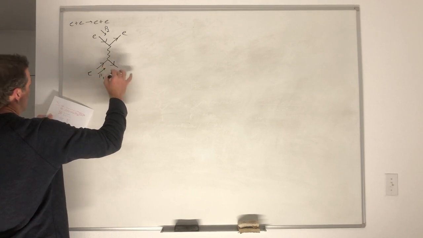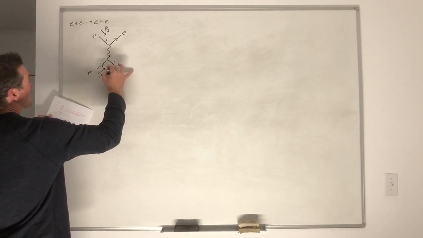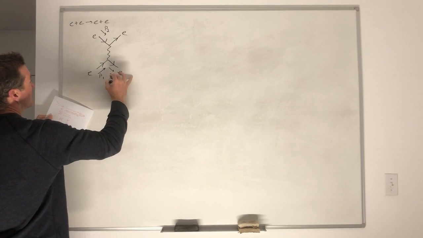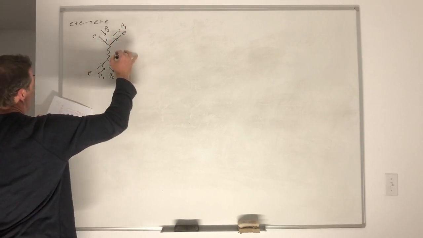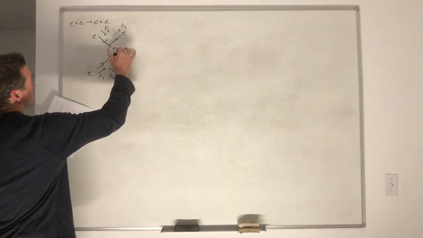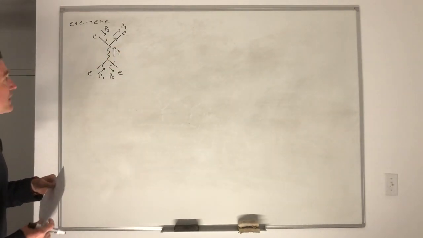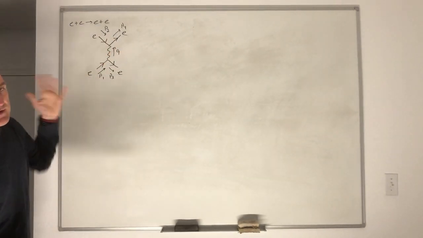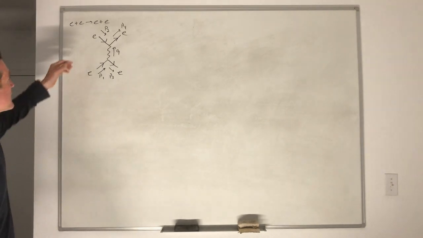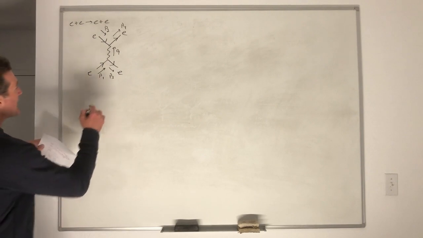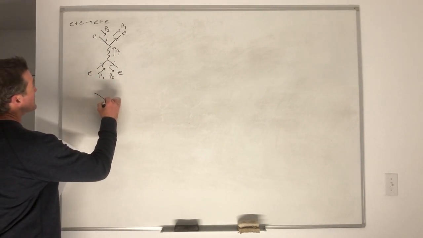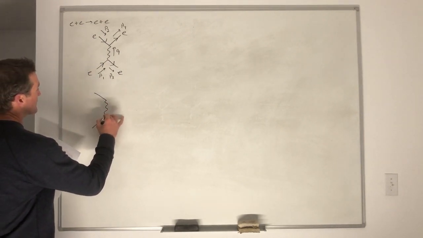Call this P1. Call this P3. Call this P4. And this is Q. I don't have to put an index on Q because there's only one internal line. I'll just call it Q. So I'm just labeling the momenta. But now I'll discover that there's actually another diagram.